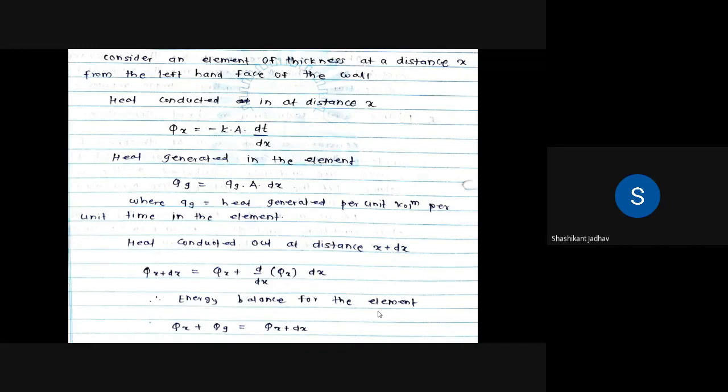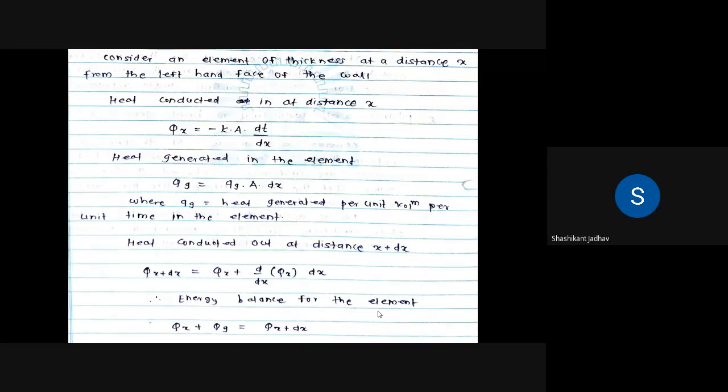Higher order terms will also come in this, but we will neglect those terms because their value is small. Terms such as d square Qx upon dx square and d cube Qx upon dx cube will arise in that equation, but the value of higher orders is less, so we remove those terms and take only the significant terms. So Qx plus dx is equal to Qx plus d by dx of Qx into dx.